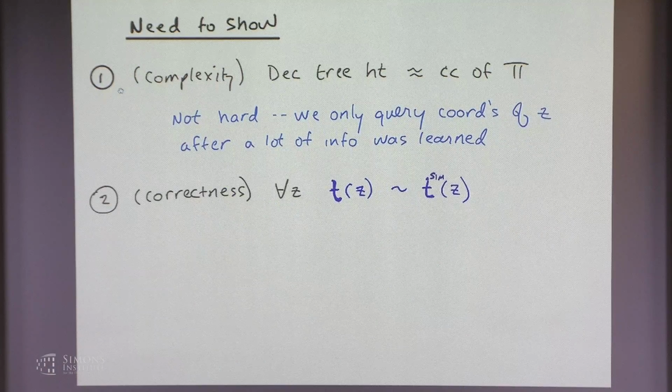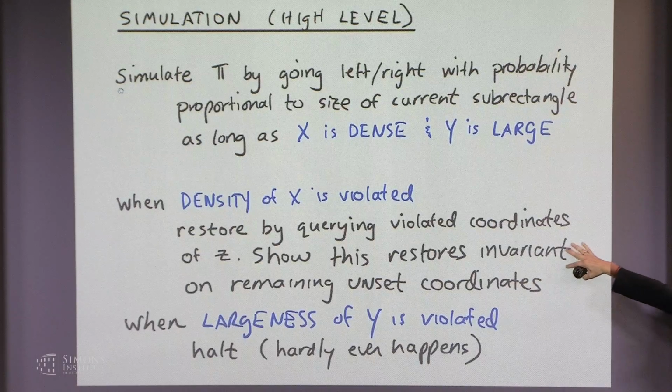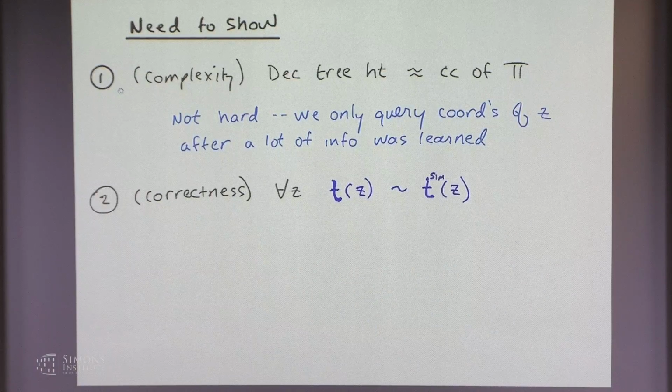There are two things we'll need to show after I show you how we do this restoration. One is the complexity: that the height of the decision tree we end up with is proportional to the height of the communication protocol.